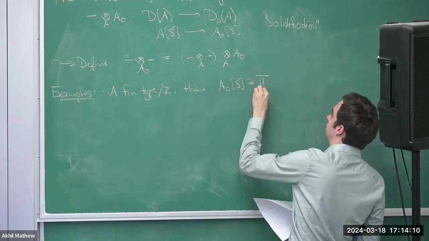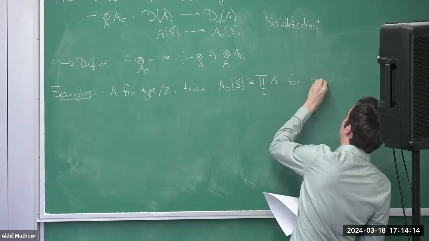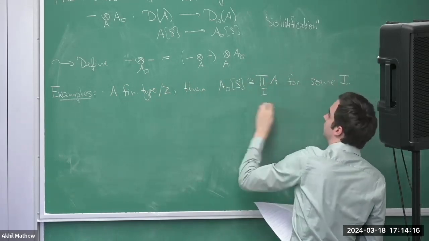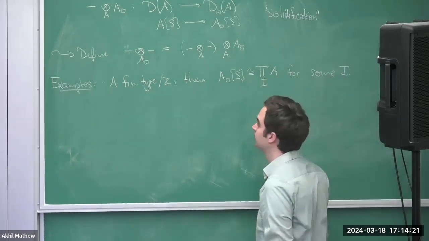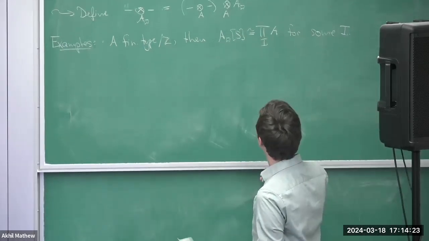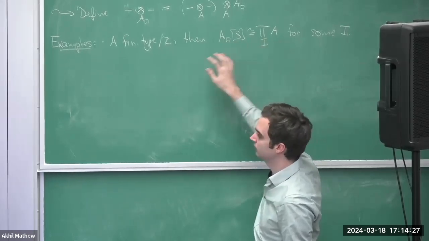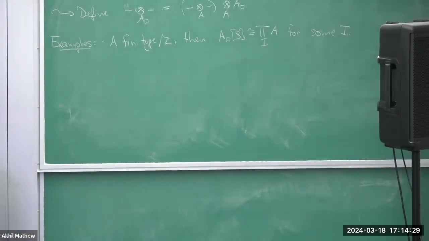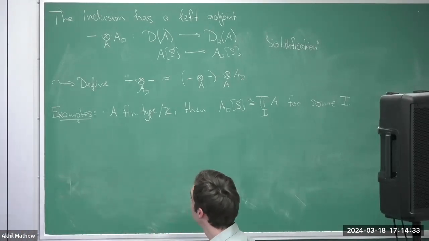It depends on S of course, but you can always write this just as a product of copies of A. These objects are extremely simple. You basically just take A modules that can be written as a product of copies of A. That's essentially what this solid category looks like.